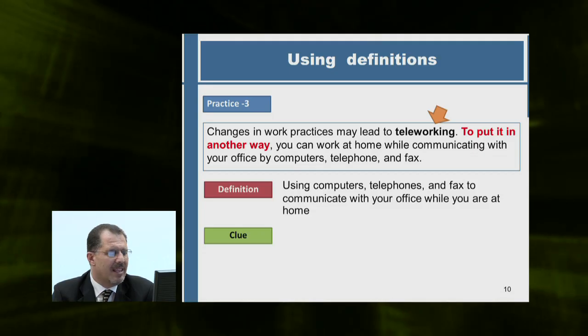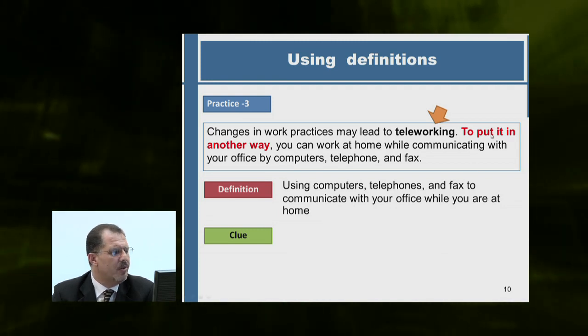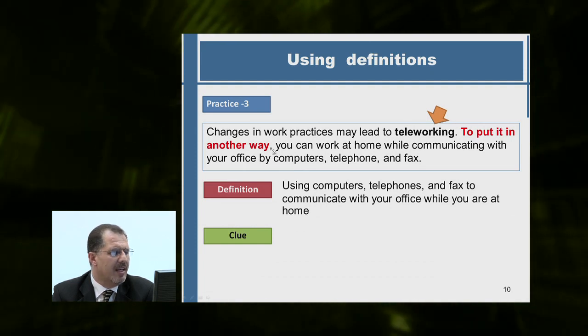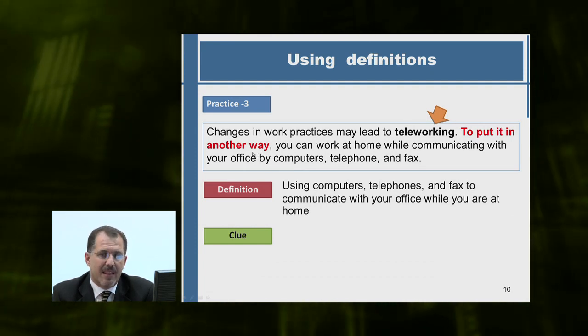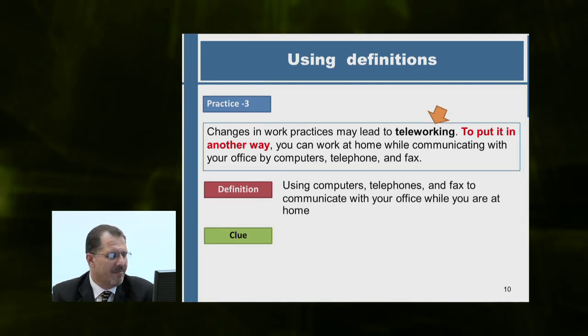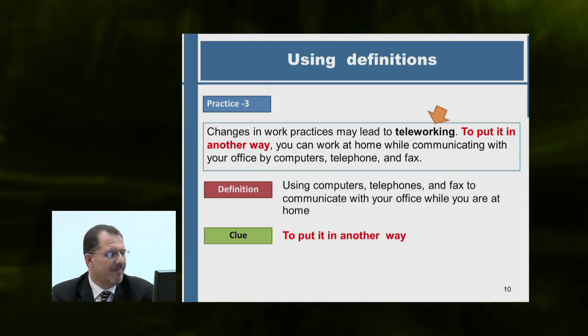It's using computers, telephone and fax to communicate with your office while you are at home. Why do we say this is the definition? Because here we have to put it in another way. So when we have to put it in another way, this means what comes after this is the definition, okay? The clue is here, to put it in another way.